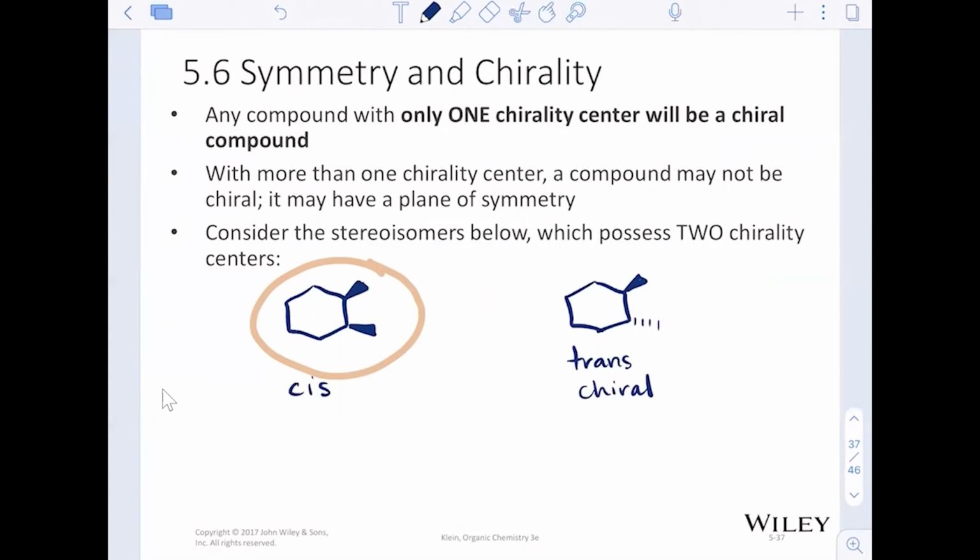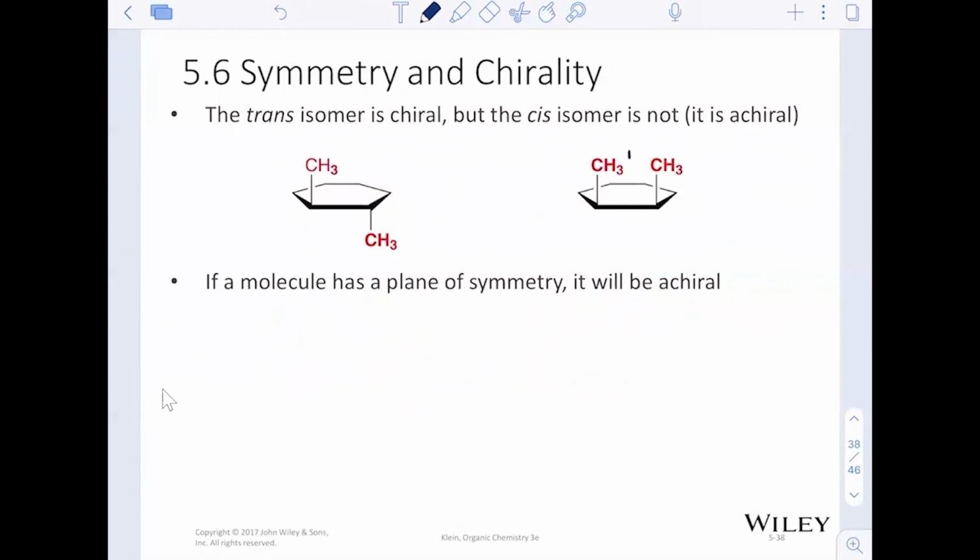This cis isomer is achiral, not because it's specifically cis, but because it actually has a plane of symmetry in it. What's really important to understand is when we have a plane of symmetry, I wanted to draw it here in these projections so you can see it.